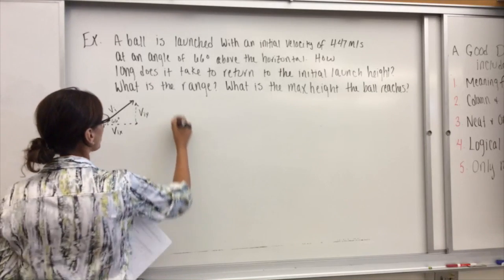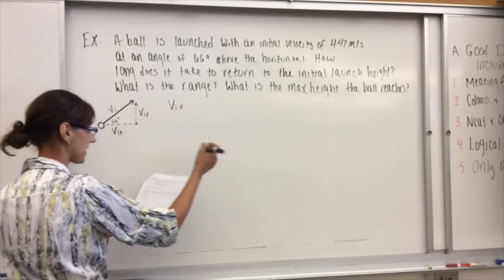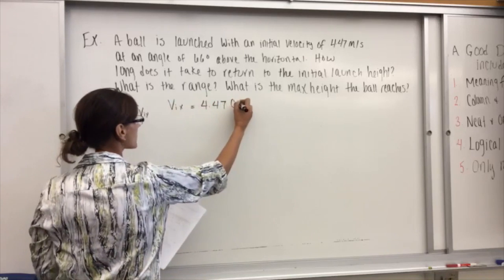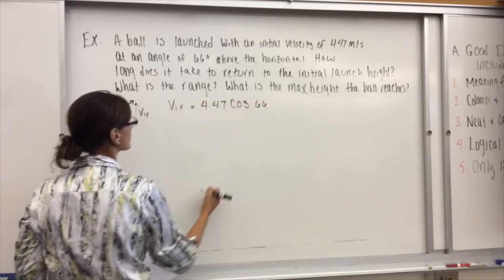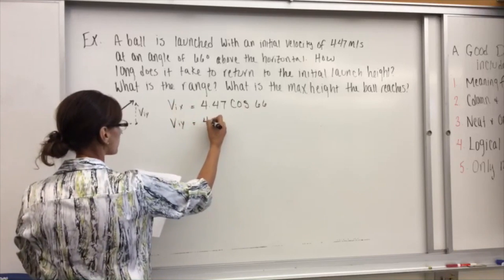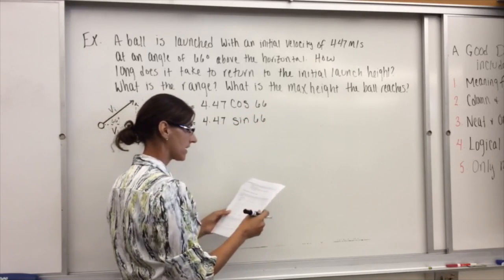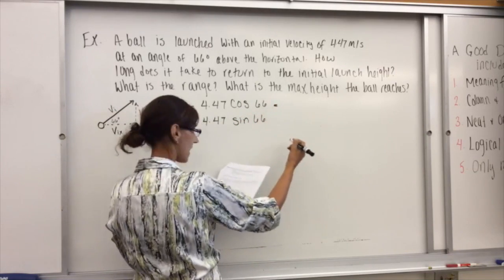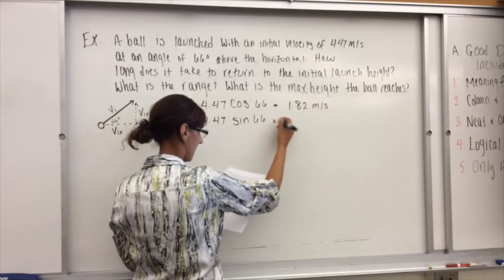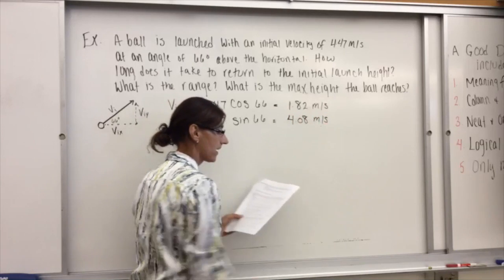And so my v initial x, I will use cosine to find this, will be 4.47 cosine of 66, and my v initial y will be 4.47 sine of 66. And so for this I get 1.82 meters per second, and for this I get 4.08 meters per second.